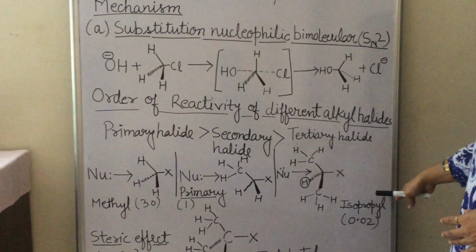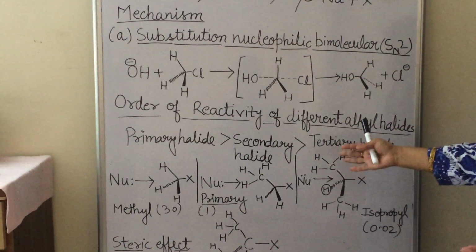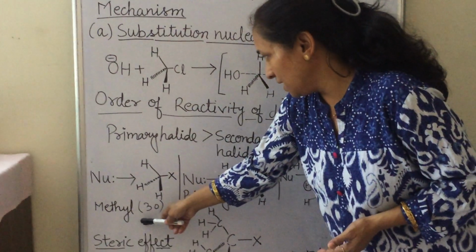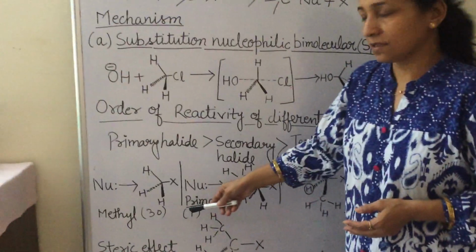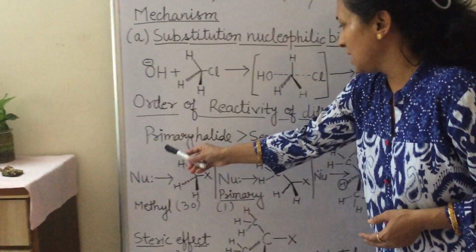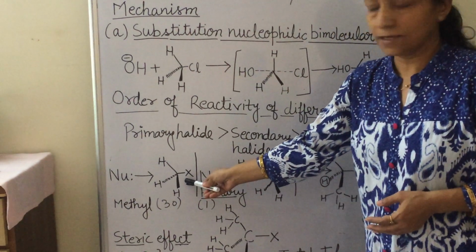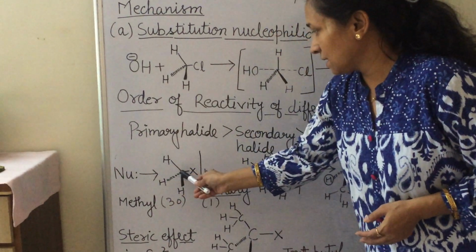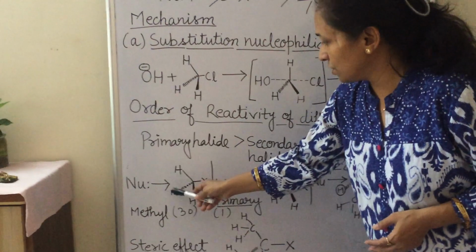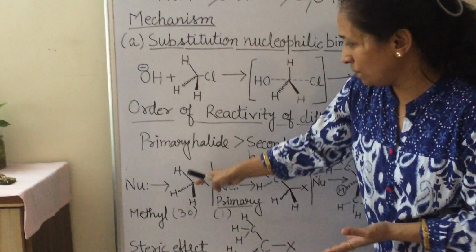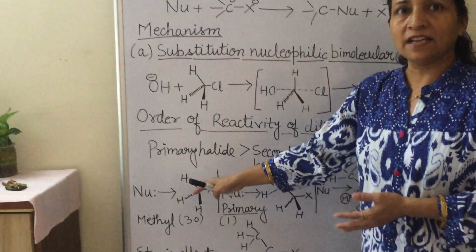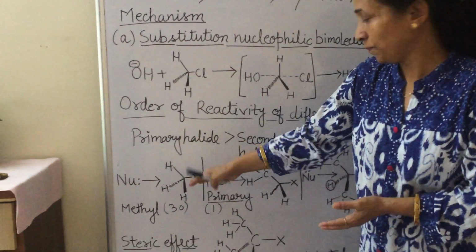Here I have explained why they behave in this manner. This is a methyl group. In this methyl group 3 hydrogen atoms are there, and when the nucleophile approaches this alkyl halide, it can attack the carbon atom easily because hydrogen is a very small group and not bulky, so it is not creating any steric hindrance.